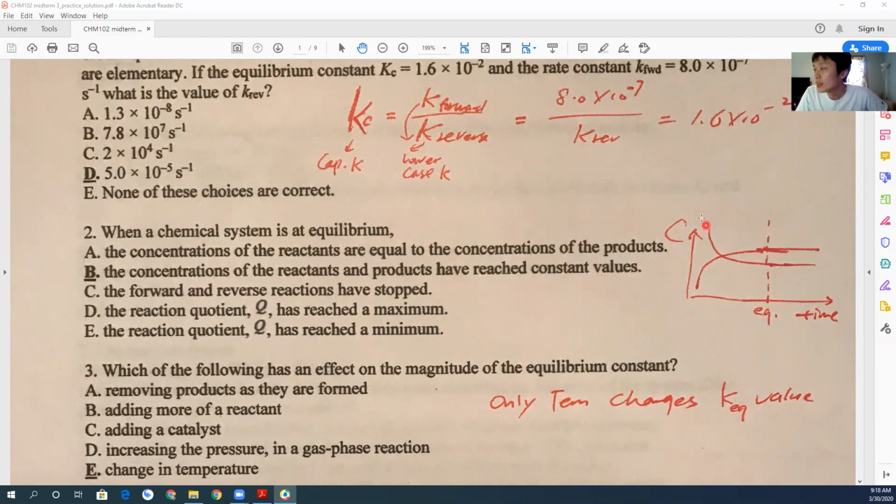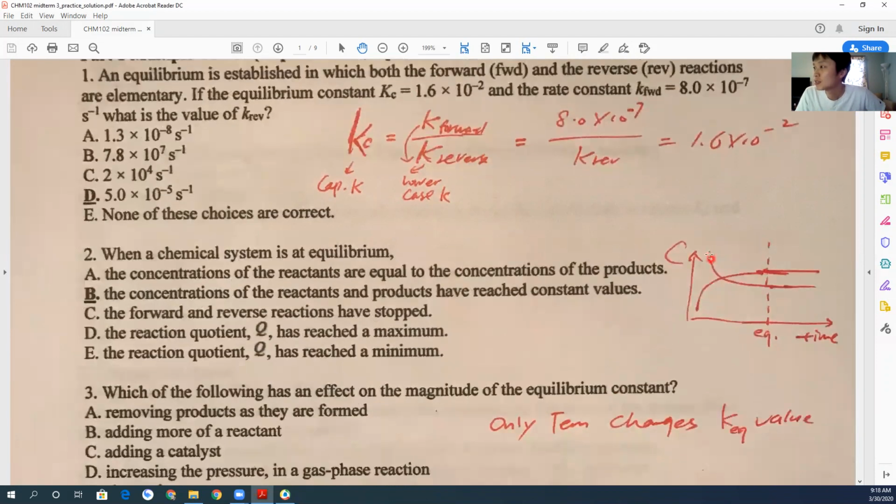If you look at this plot, before equilibrium is reached, the concentrations of the reactants and the products change. But as equilibrium is reached, you can see the concentrations no longer change; they remain constant. That's the definition of chemical equilibrium.